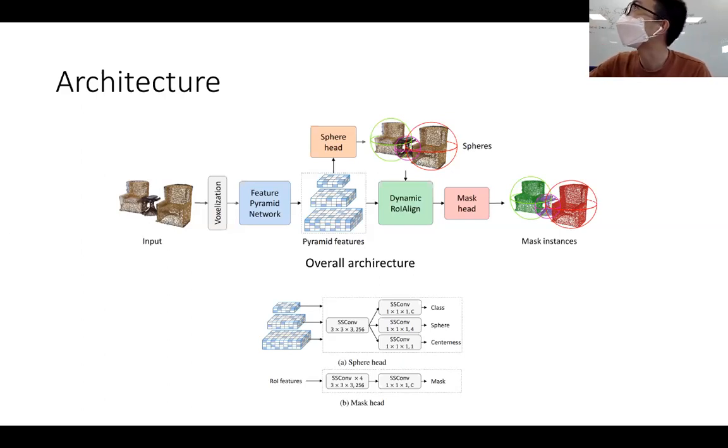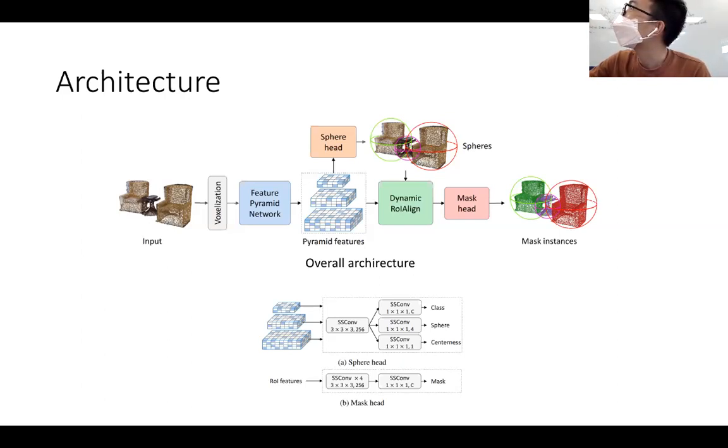ROI means region of interest. For example, I have one sphere and I am interested in only this region. I crop it out and process it independently from the input. So here I have 3 objects, and I process the 3 objects independently.